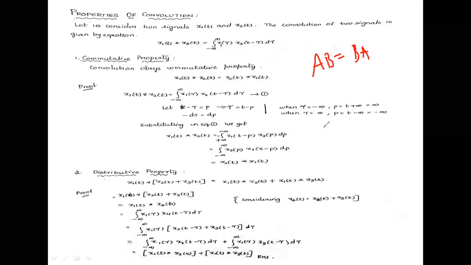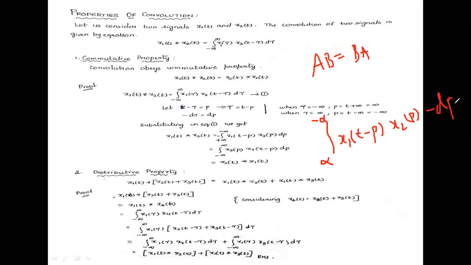Now substituting, x1 of tau becomes x1 of t minus p, and x2 of t minus tau is x2 of p. And d tau is equal to minus dp.